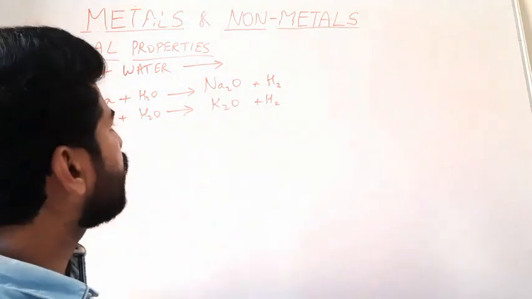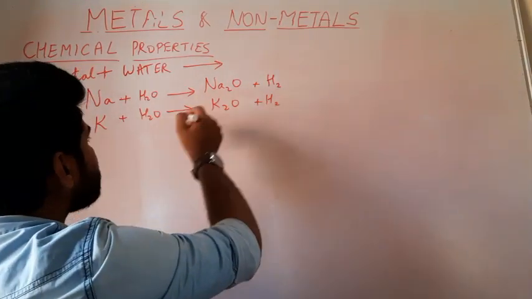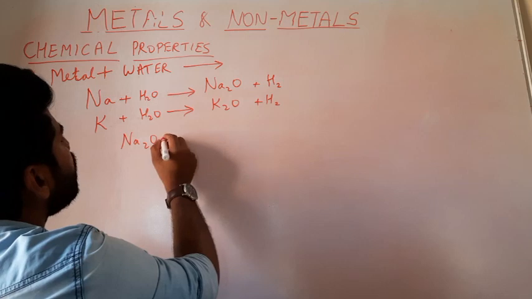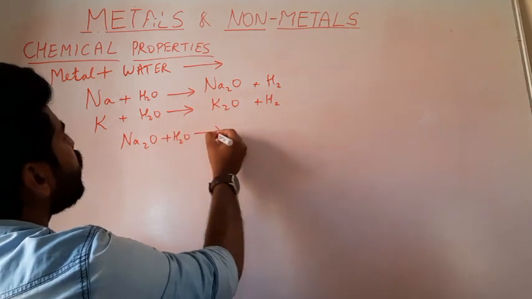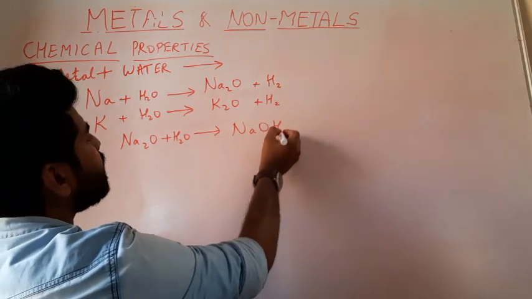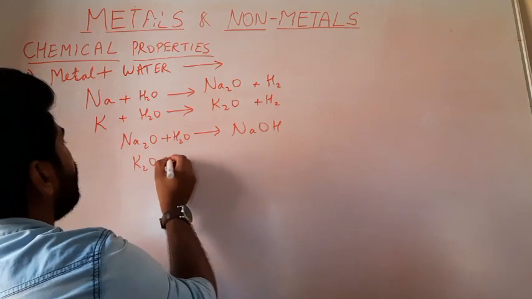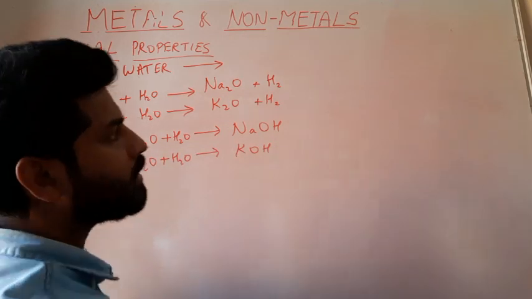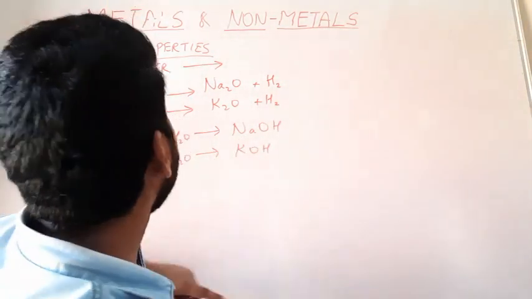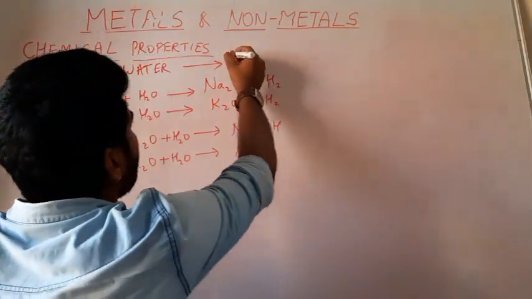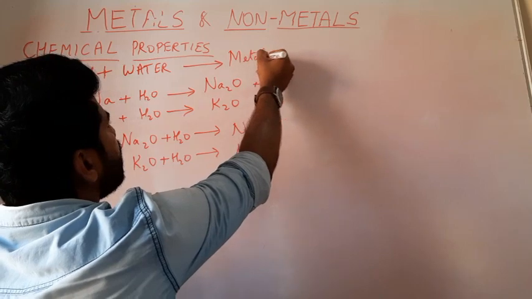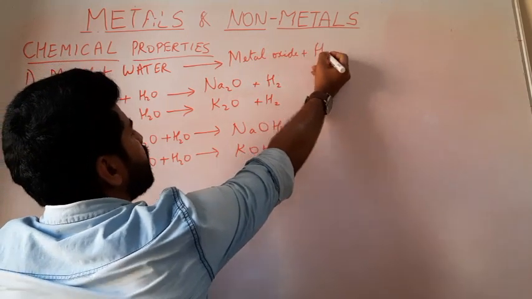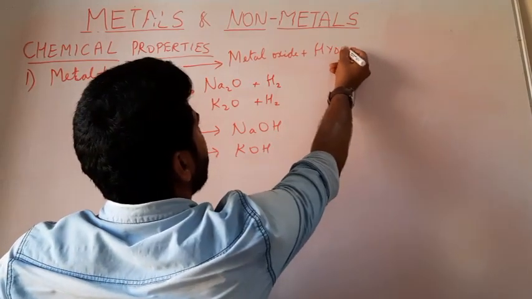And these metal oxides then dissolve in water to give you metal hydroxides, which are basic in nature, which are alkalis, which we already saw. So metal plus water will give metal oxide plus hydrogen gas.